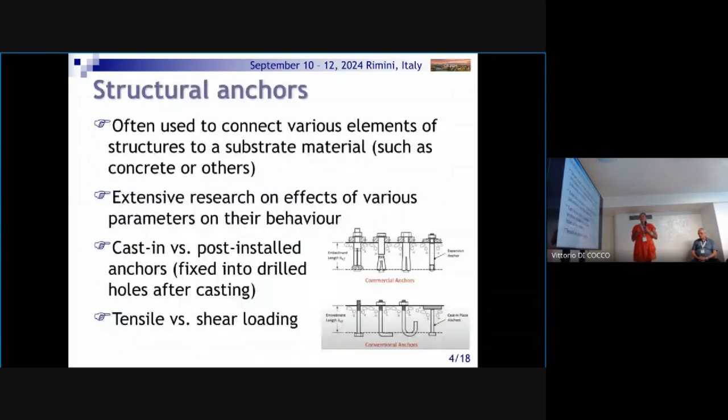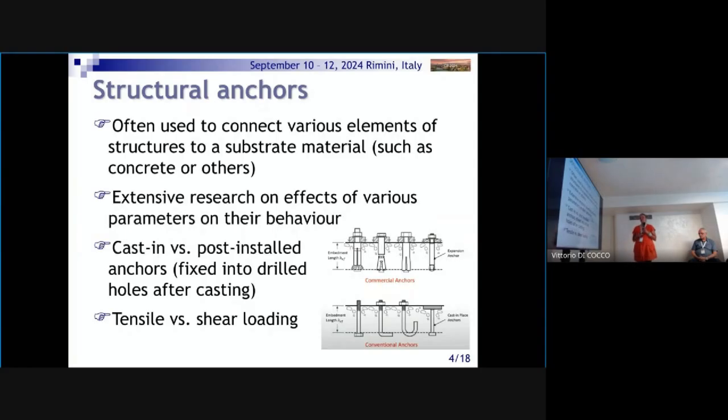So, structural anchors are components that are often used to connect various elements of a structure, mostly to concrete material, a concrete substrate. Here you can see that there are many types and shapes of the anchors. So it is necessary to perform extensive research on the effects of various parameters of these anchors.